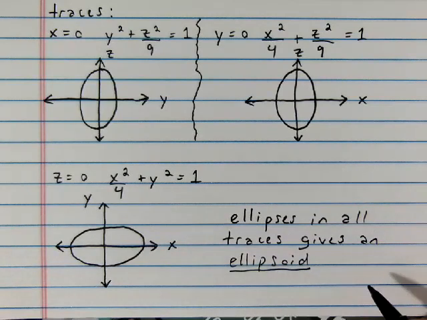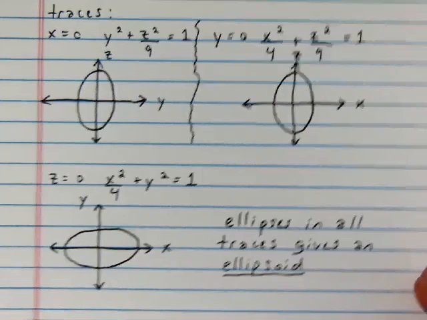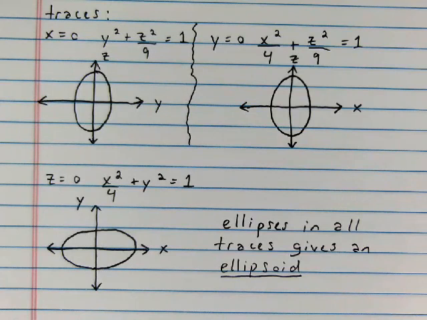So that's what our 3D image is going to be, what's called an ellipsoid. So now let's sketch that. Go to the next page.